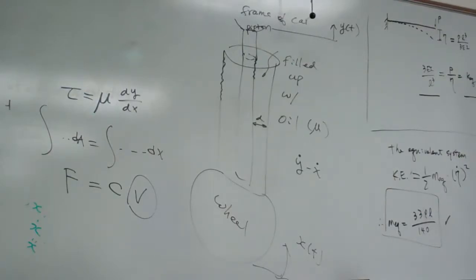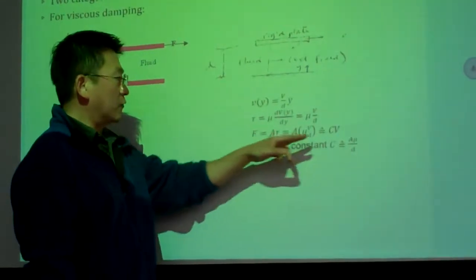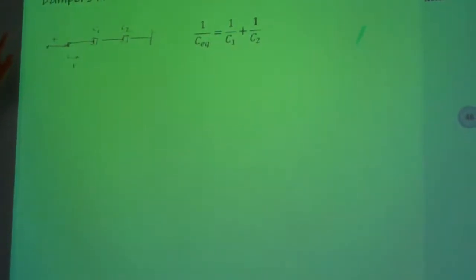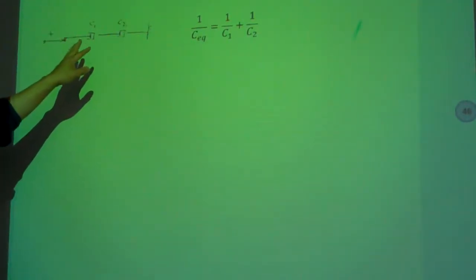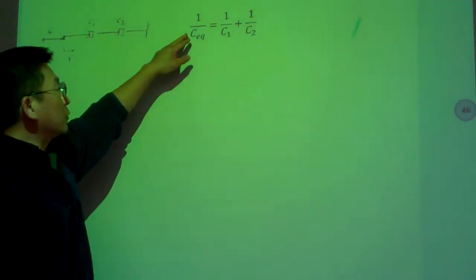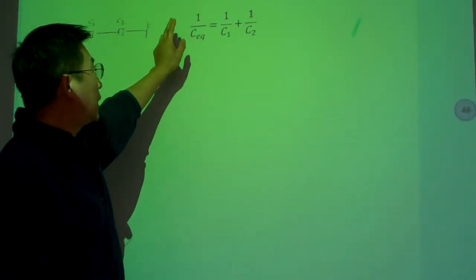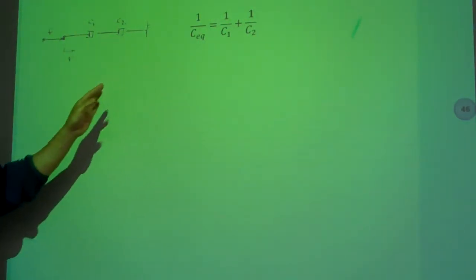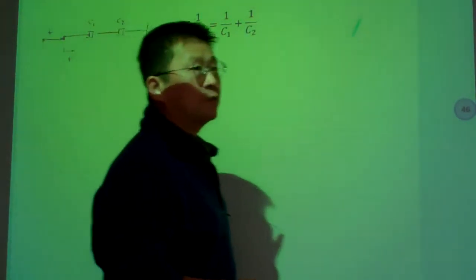With this in mind, again, what we're going to use in vibration is F equal to CV. With this term in mind, then we can introduce dampers in serial or in parallel connections. And C, again, we call the damping constant. That formula is the same as in the spring, because again, what is the force?